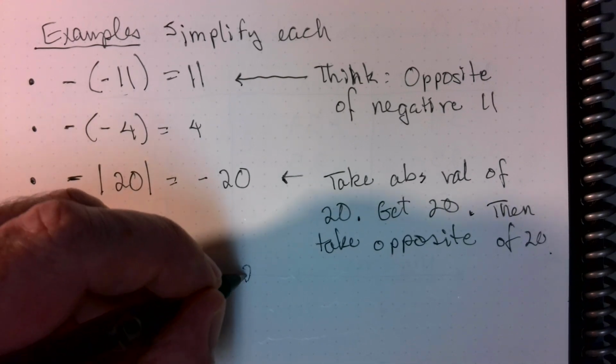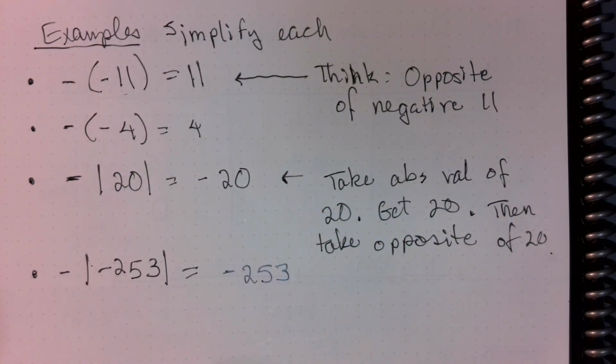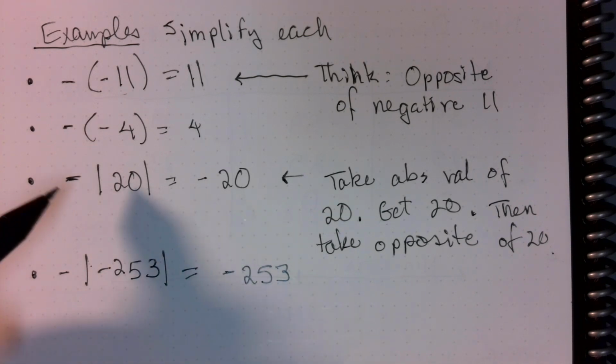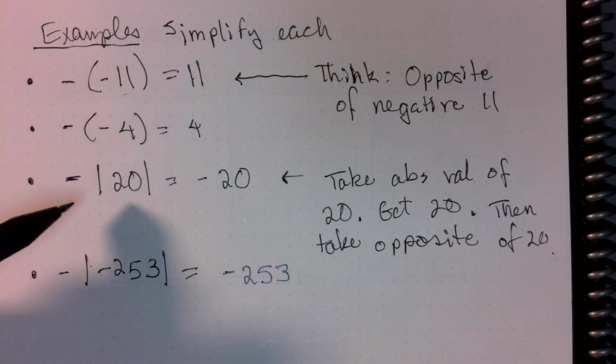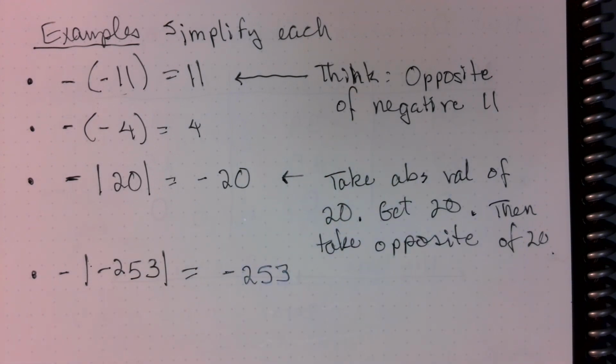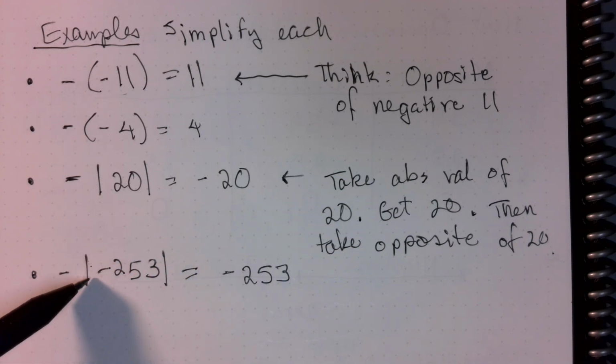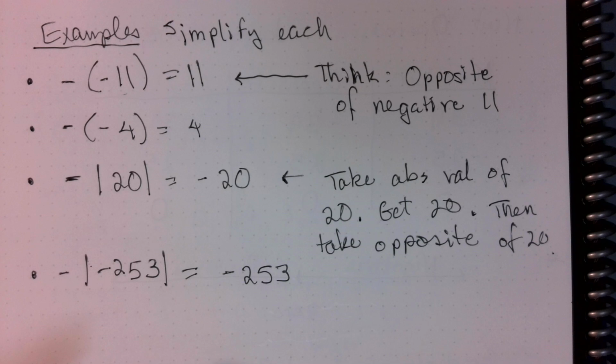When I do that, I get 253. And the instructions say take the opposite of that. So it's not like anytime you see an absolute value, all the negatives in your problem will vanish. It depends on where they are. If the absolute value is having a negative inside it, then the absolute value gets rid of it. If there's a negative outside of it, that's going to stick around.